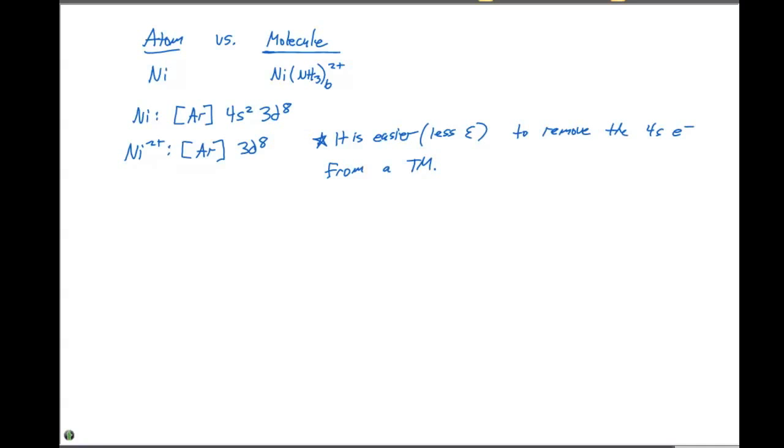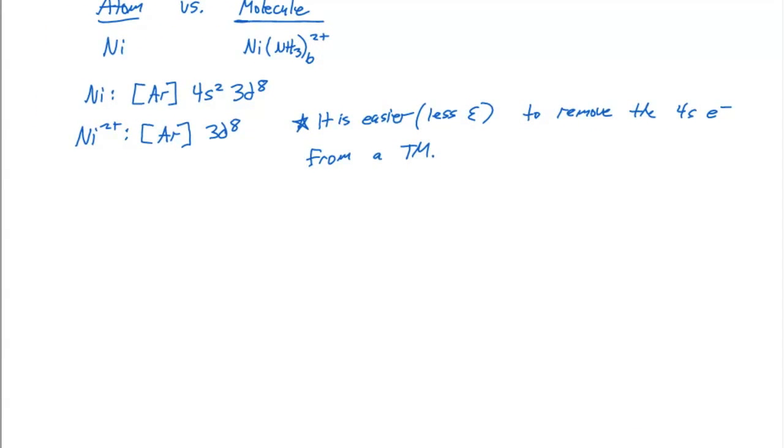So they're gone, and then we have to analyze a little bit more to figure out if it's a +3, a +4, a +5, a +6, or anything like that. This is the general rule: when we're looking at these complexes, it's easier to remove the s electrons. So when we're looking at the d electron count, which is very important for color and magnetism, we need to recognize that.